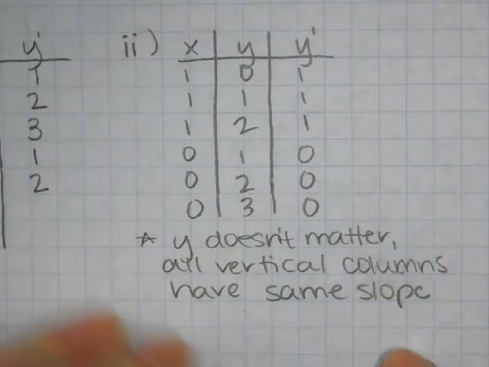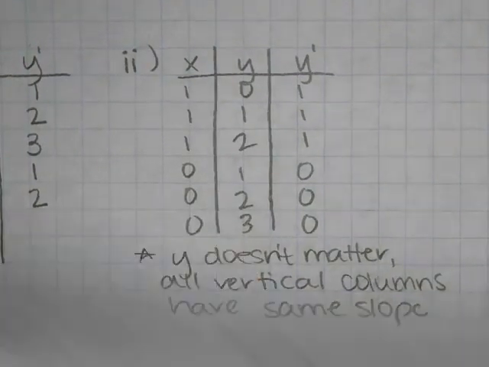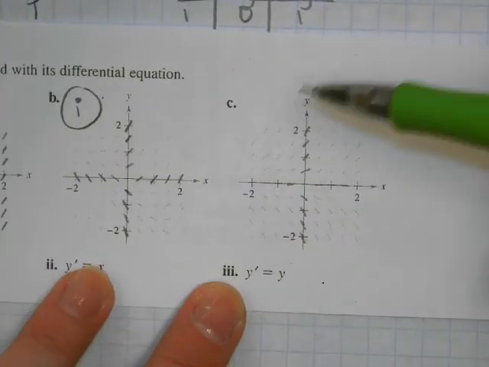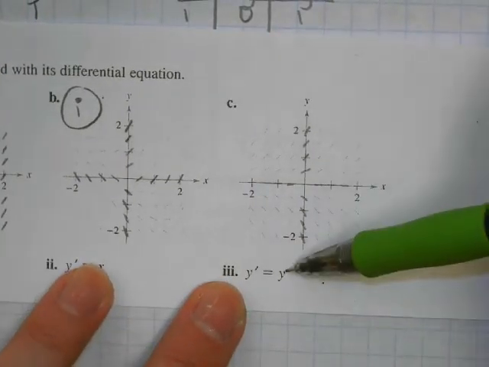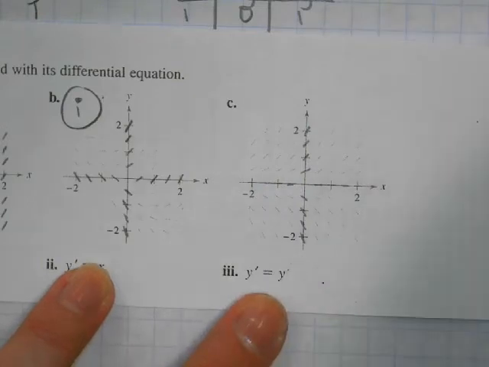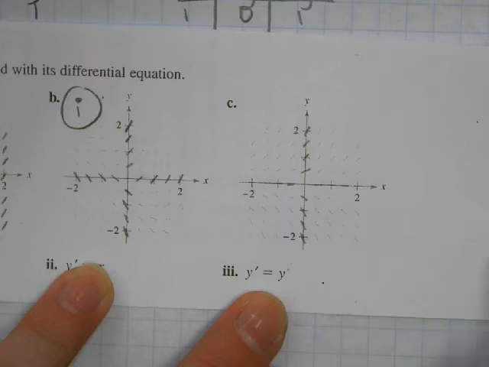Okay. And then last one we know that it's going to be C, but now we can go ahead and look at Y. So what I like about this one, again, is it only has one variable, so that means that no matter what the x is, the only thing that tells us the slope is the y coordinate. So here, instead of seeing those vertical columns that are the same, we're going to see horizontal rows where it's the same.